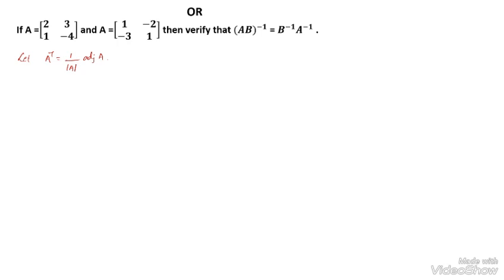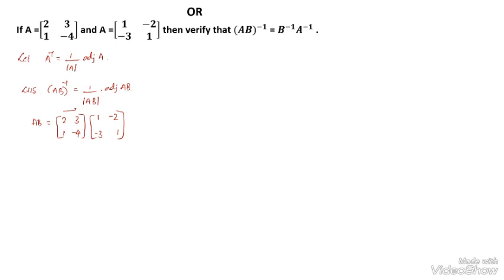Here, first I take the LHS part, that is AB inverse, which is 1 divided by determinant of AB into adjoint of AB. First, I calculate AB. That is the matrix 2, 3, 1, minus 4 times the matrix 1, minus 2, minus 3.